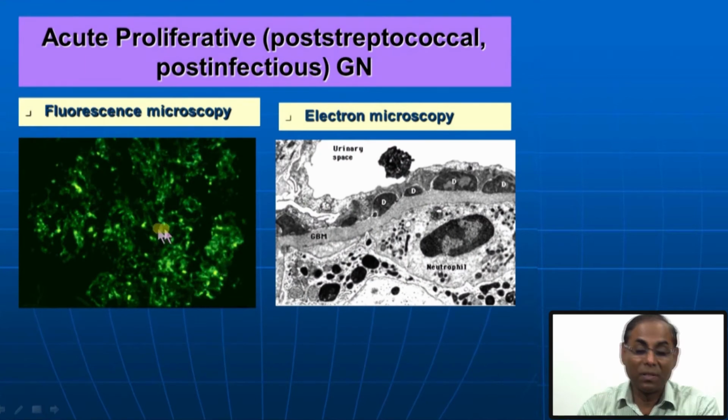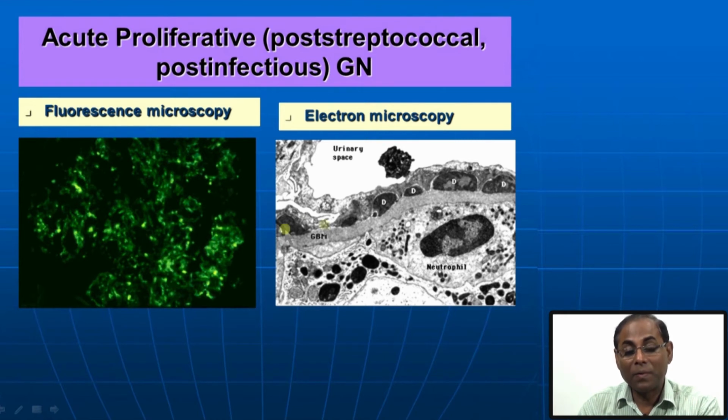If you do immunofluorescence microscopy, you typically see immune complex deposits of IgG and C3. Some are large deposits, some are small, coarse deposits, and they are typically described as a starry sky appearance, and deposits are there in the capillary wall as well as in the mesangium.